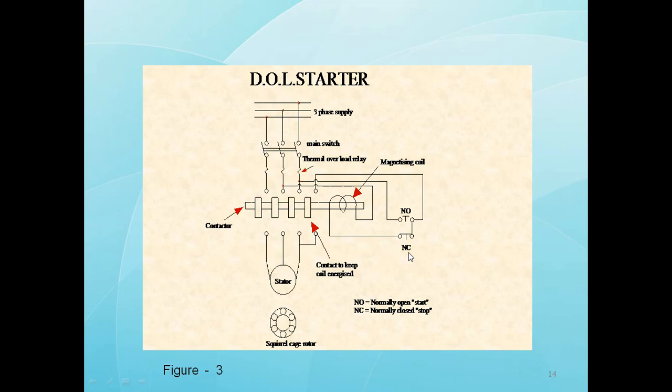NC means normally closed, NO means normally open. This is the start switch. This is the stop switch. Here the terminals have to extend up to here. So when it is pushed, all these terminals get connected, the motor gets supply and starts rotating.